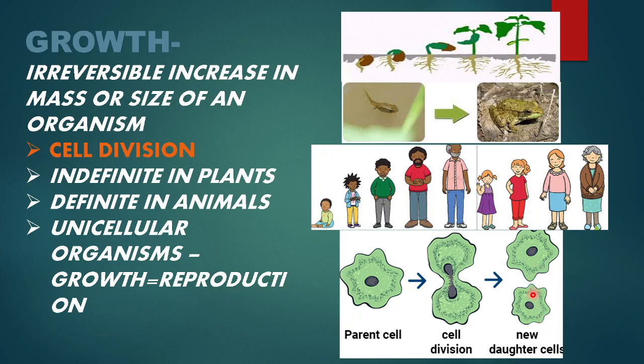Now we can call this growth because the cell is dividing. At the same time, the way it is dividing, it has its own individuality. This becomes one individual, the other becomes another individual. That means two new individuals have been formed from one parent cell. So that is why we say growth is synonymous with reproduction in case of unicellular organisms.